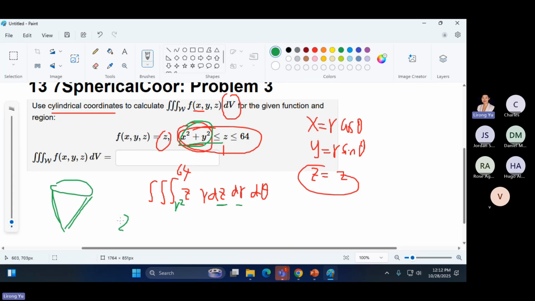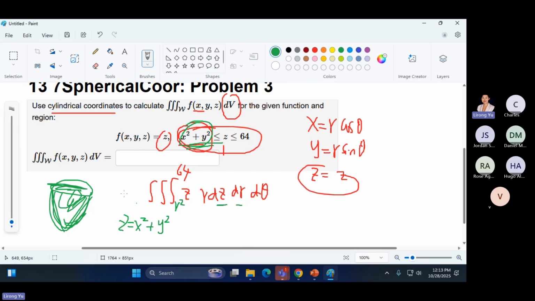Z equal to x squared plus y squared is not a cone, it's a paraboloid. The lower boundary is a paraboloid, and the upper boundary is equal to 64. So it's the volume within this.